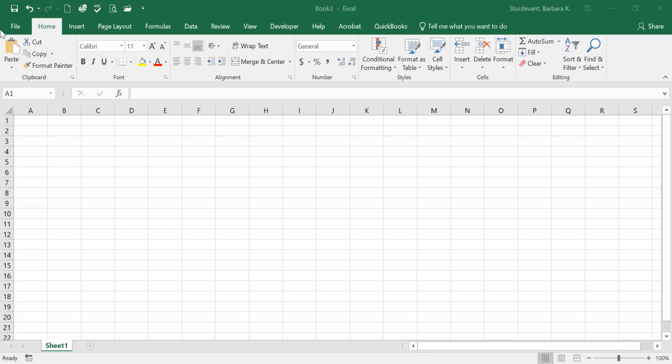So for this one, we have to calculate the interest expense. Because we borrowed it, so we borrowed $1 million. Our interest rate was 10%.